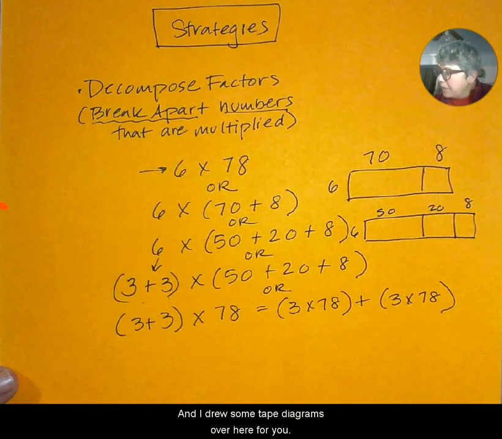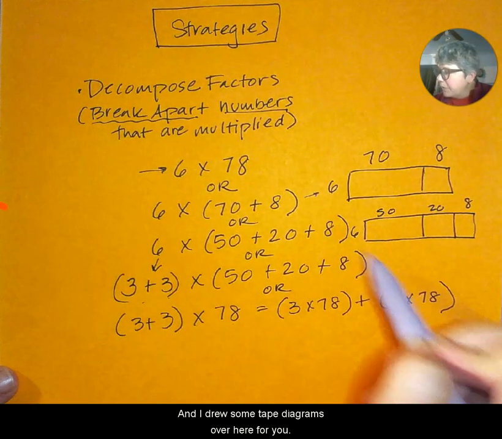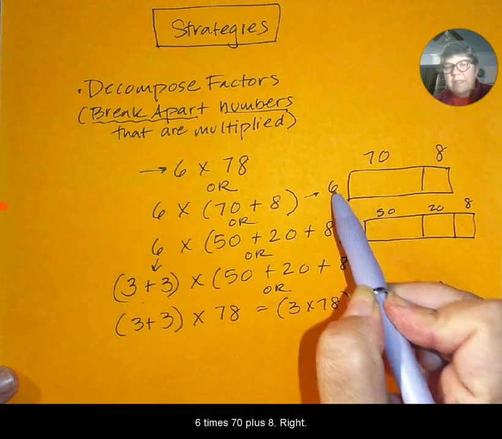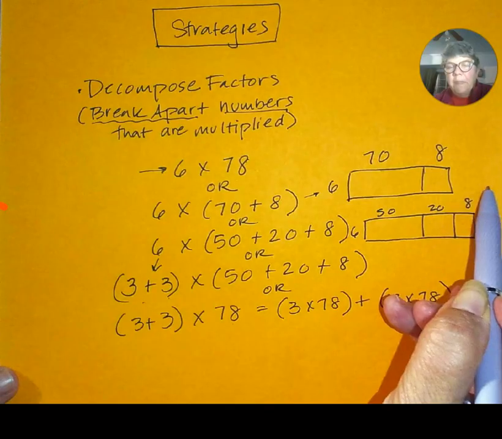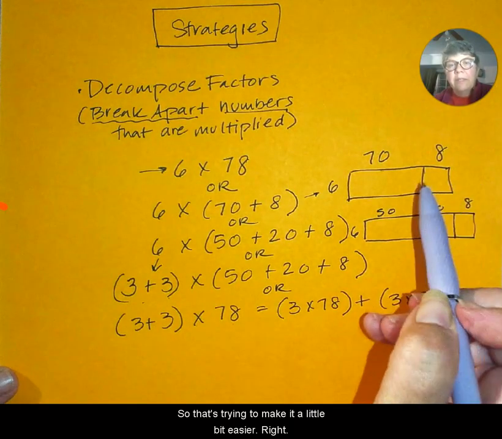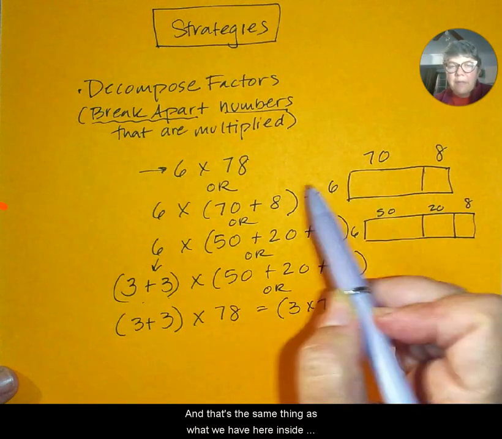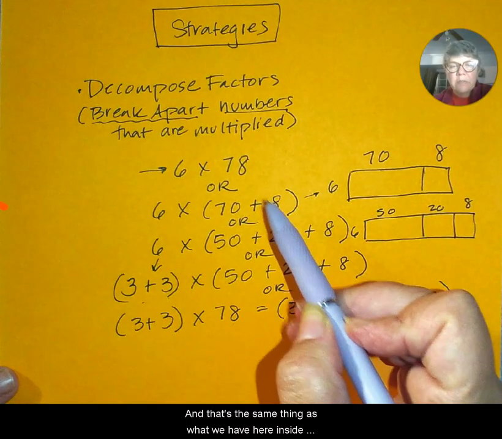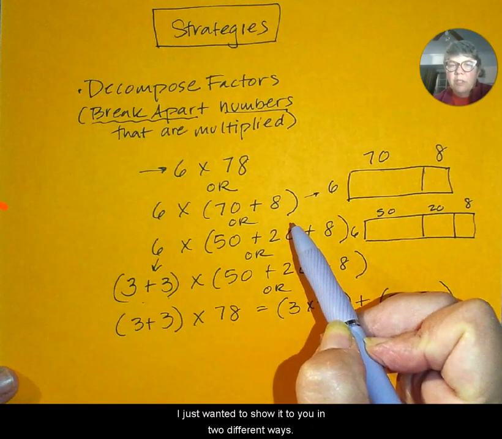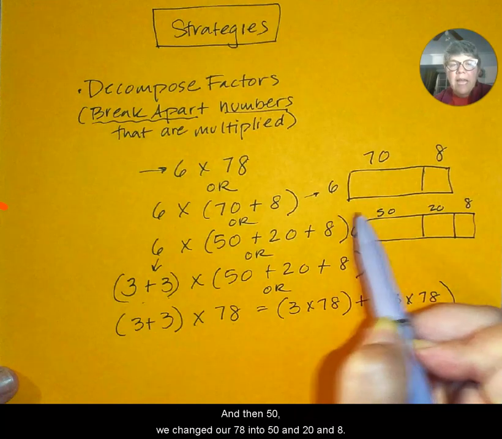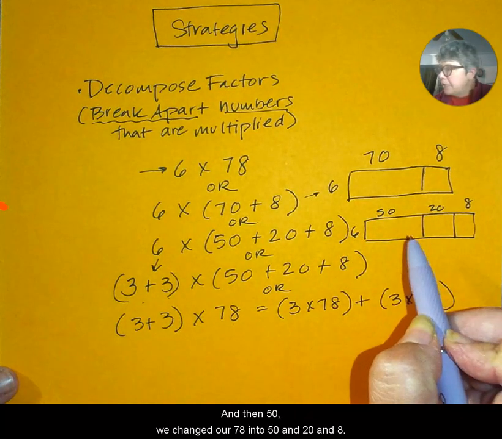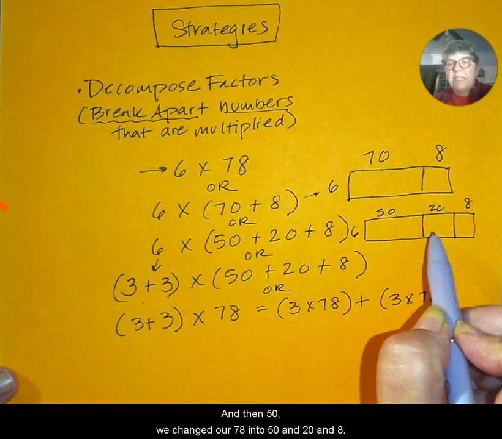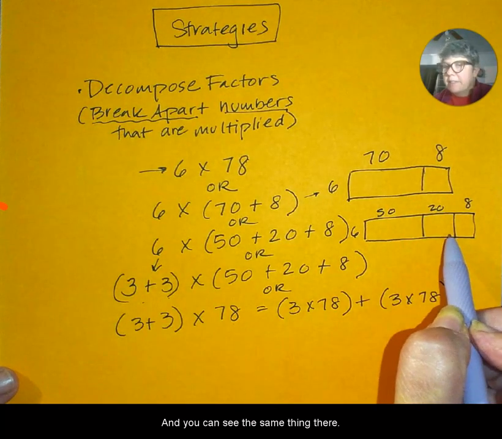And I drew some tape diagrams over here for you. 6 times 70 plus 8, right? So that's trying to make it a little bit easier, right? And that's the same thing as what we have here inside these parentheses, right? I just wanted to show it to you in two different ways. And then we changed our 78 into 50 and 20 and 8, and you can see the same thing there.